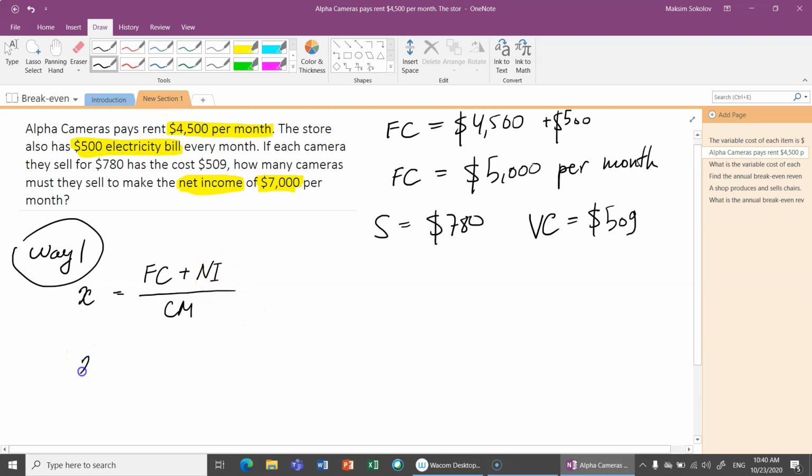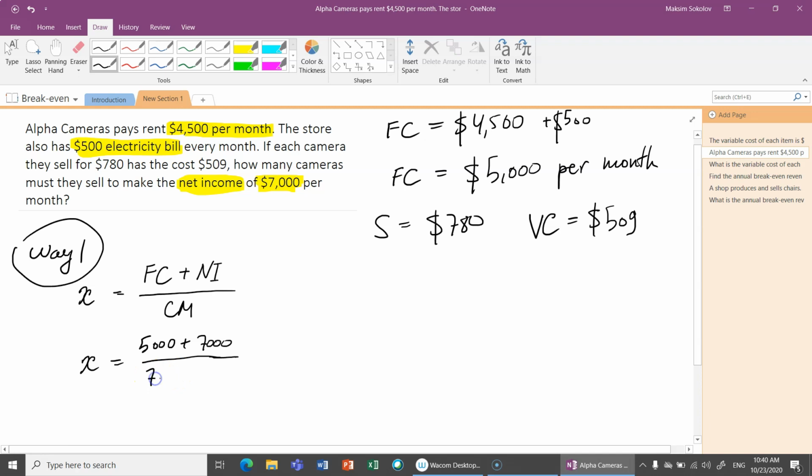Well, X is fixed cost plus net income. So your fixed costs are $5,000 and net income that we're looking for is $7,000. Well, we have $5,000 plus $7,000. We divide that by contribution margin.